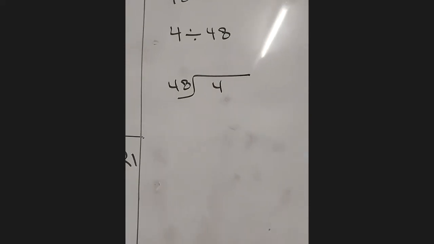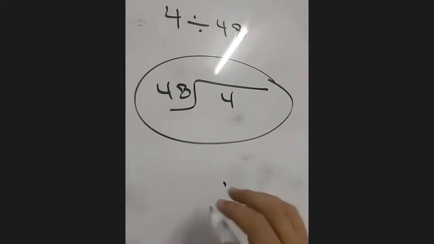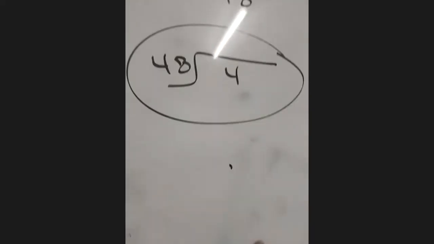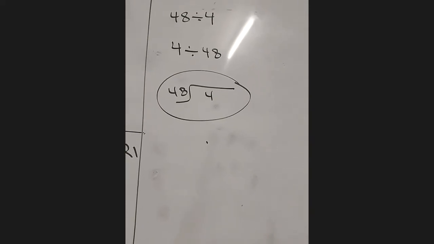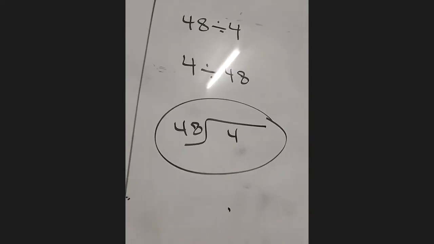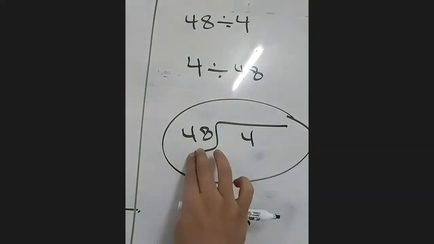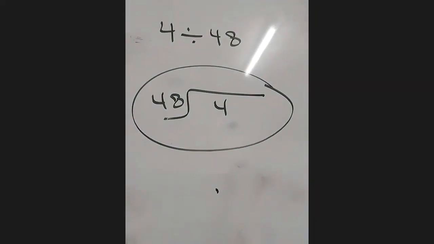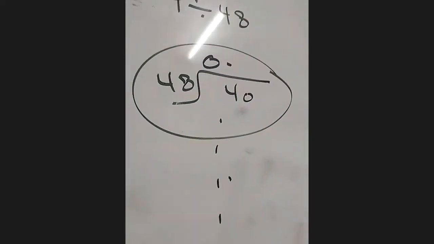Now, this idea, you won't take it now. You will take it in grade 6, inshallah. Got it? What we have now is 48 divided by 4. Now you will take things like these. The inside number here should always be bigger than the outside one. Later on in grade 6, inshallah, we will use decimals and do these things to make it bigger.